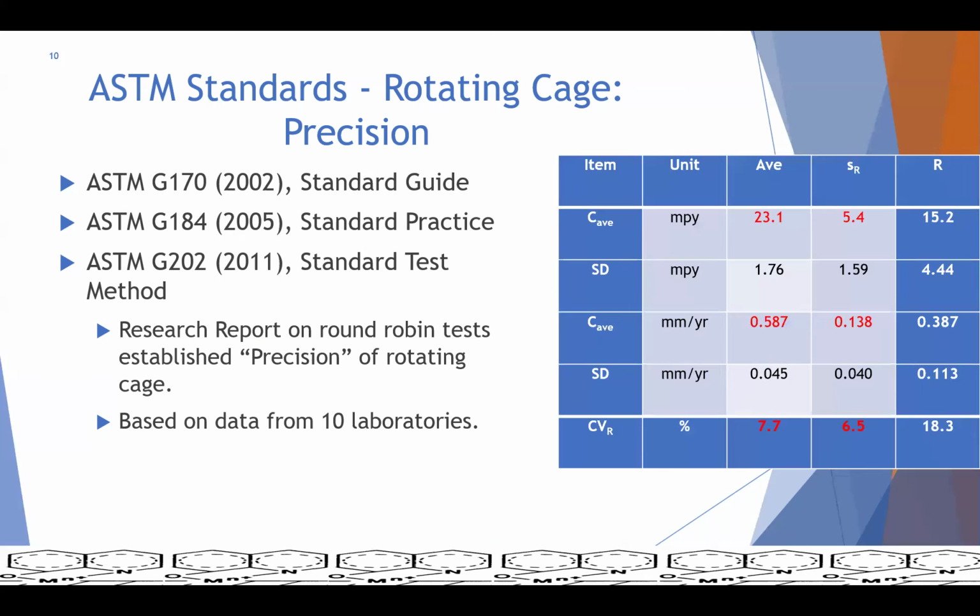Fundamentally, it gives you, under the operating conditions, what should be the average corrosion rate, and what could be the allowed variation. Again, this was based on 10 laboratories from across the world. I know several laboratories which participated in the round robin also here in this webinar.